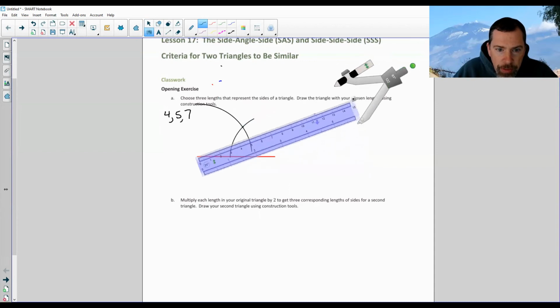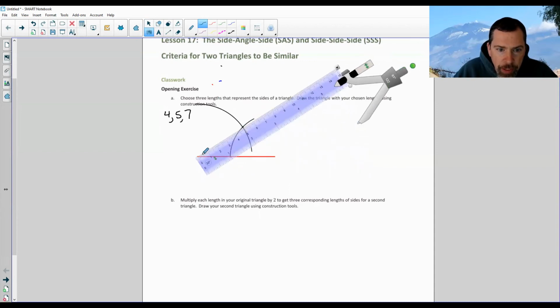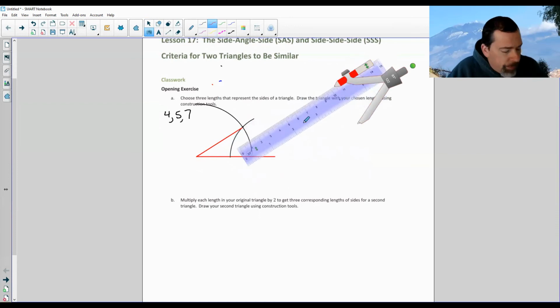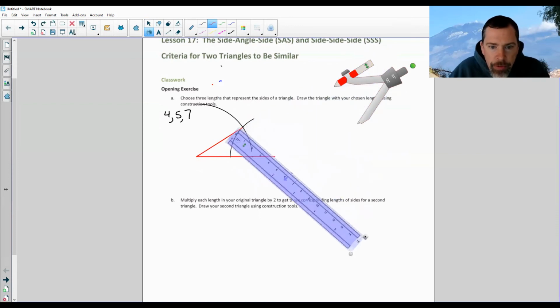So when I rotate this up, this is length 5. And then when I bring my ruler up here and rotate this down, you will see that it is length 4.